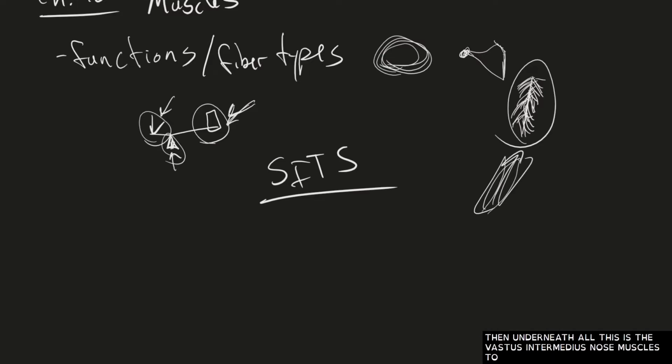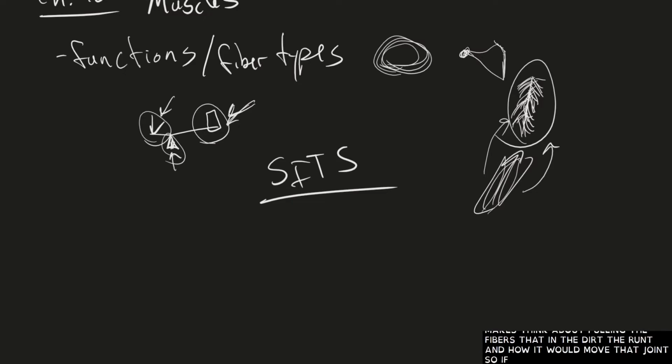Those muscles together are the strongest muscle in your body, and a lot of it has to do with the direction of these fibers and being a bipennate muscle. And remember, the quadriceps are the prime movers of knee extension. If you're ever wondering the movement a muscle makes, think about pulling the fibers in the direction they run and how it would move that joint. So if the quads are the prime movers of knee extension, the antagonist would then be the hamstrings.